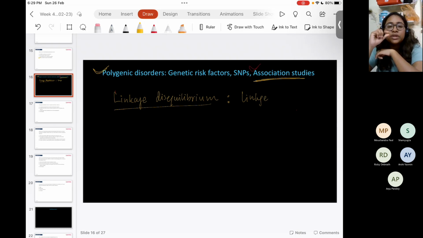It means that when the marker is closely associated with the mutant allele, they are transmitted from one generation to the next together. And when this happens in a large population where the individuals are not related, when you study their generations up to 4 or 5 generations only.